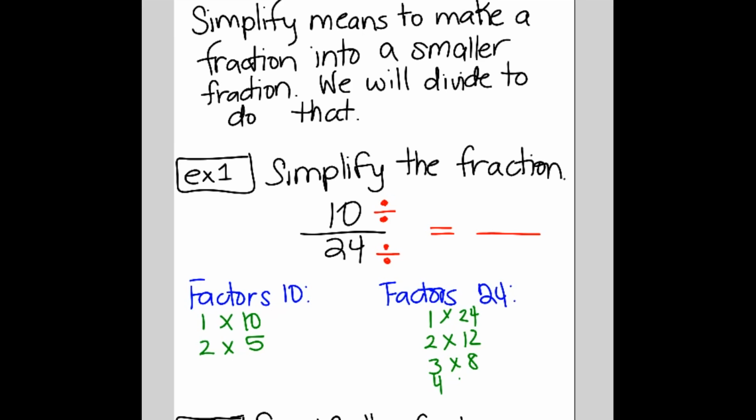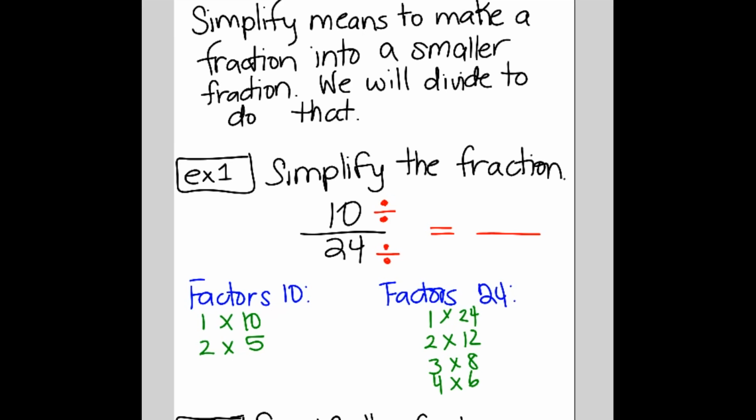What about 4? 4 times what gives us 24? 4 times 6 gives us 24. Does 5 times anything give us 24? Nope. And then we already have the 6. Does 7 times anything give us 24? Nope. We already have the 8. Does 9 times anything give us 24? Nope. But we have our 12 there. I know 10 doesn't either. Neither does 11. So it looks like we're all good here.